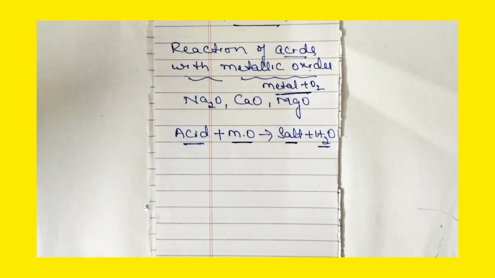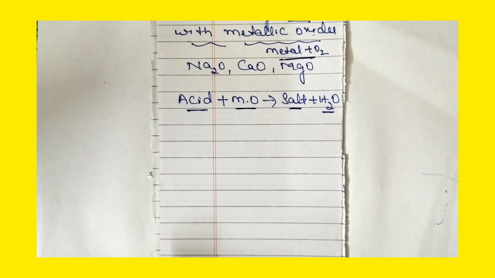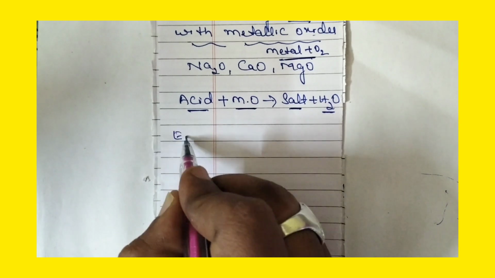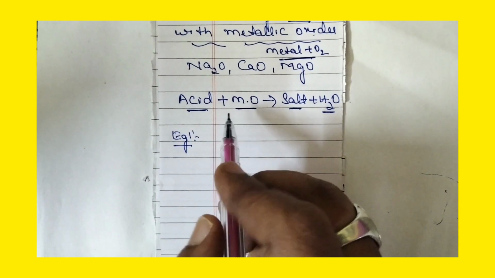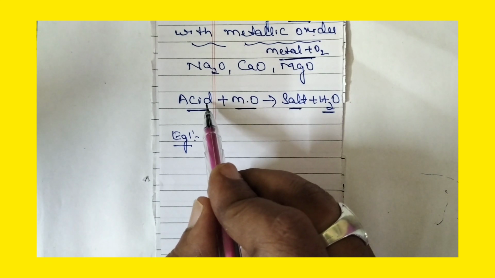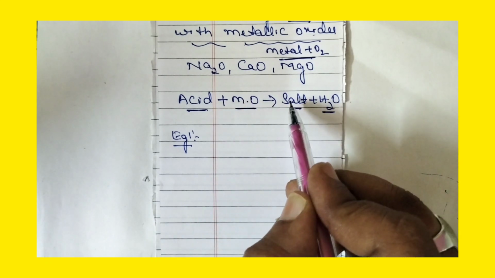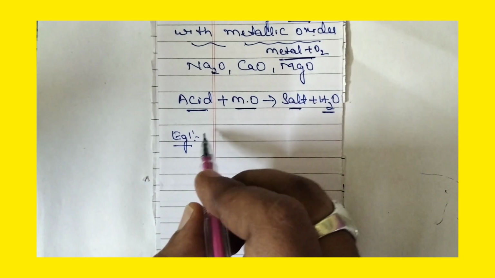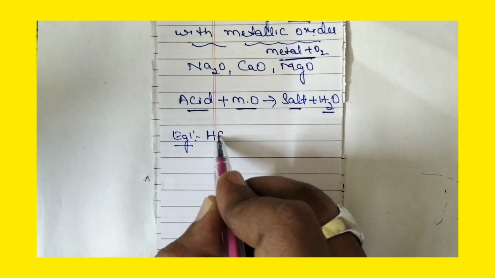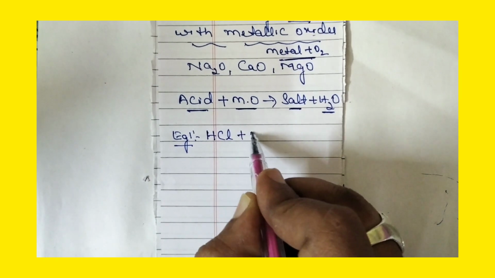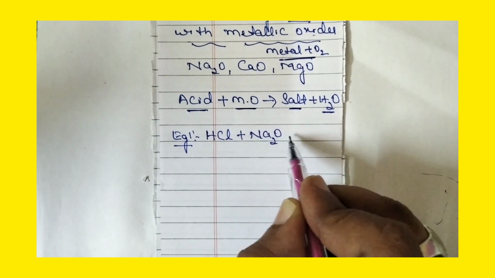So now let us study this in brief by taking some suitable examples. Example 1: hydrochloric acid reacts with sodium oxide.